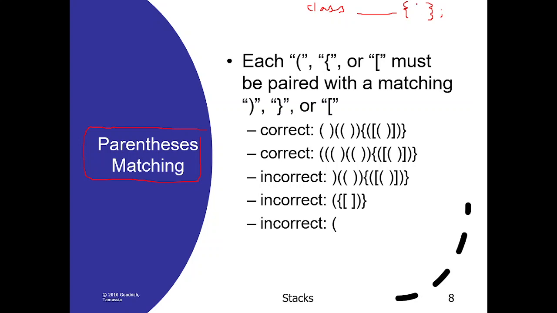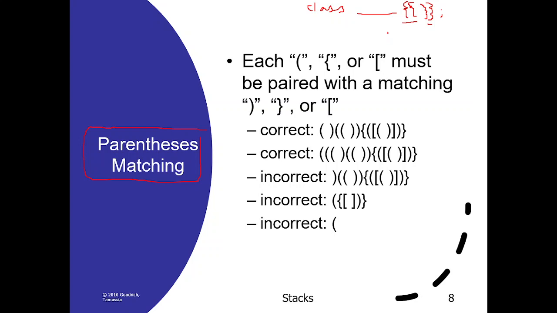If somehow you provide an extra opening curly brace, now we have two opening curly braces and one closing curly brace. These should match. We should have the same number of opening and closing symbols or brackets.